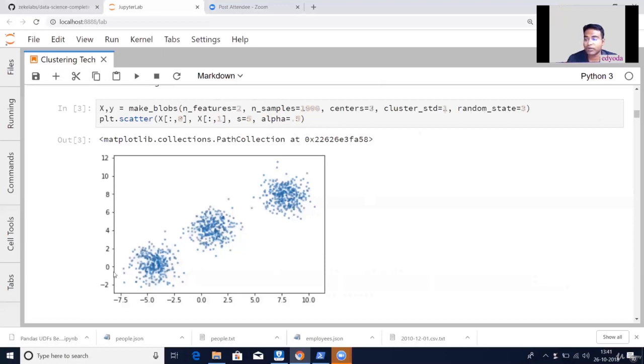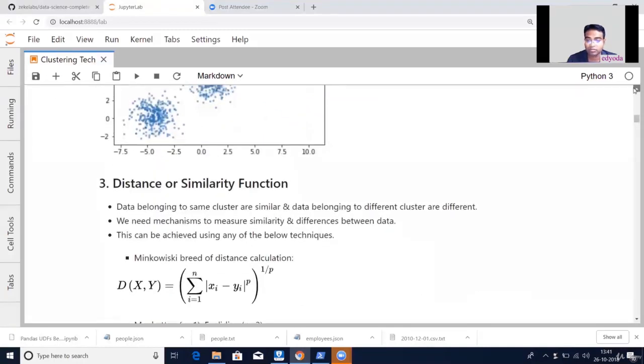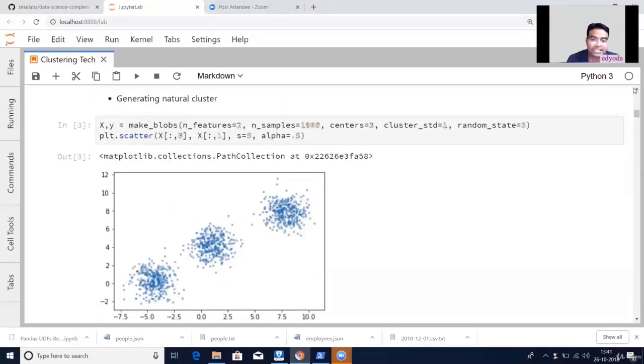You can see what we're doing here is generating 3 clusters. These are naturally 2 dimensions, so it's easy to understand. This is one cluster, this is another cluster, this is another cluster, but it might not be this easy when the dimension increases. Let's see the next topic, which is about finding similarity or difference between data.